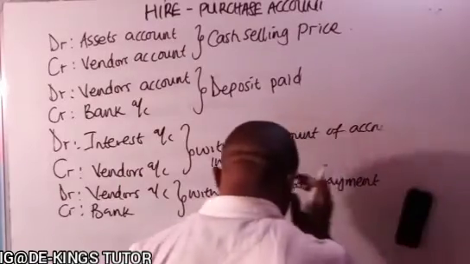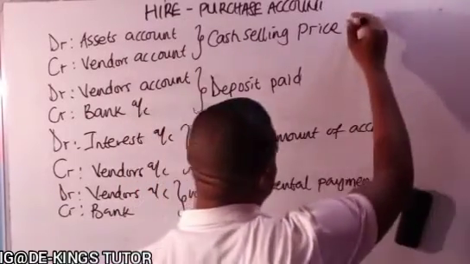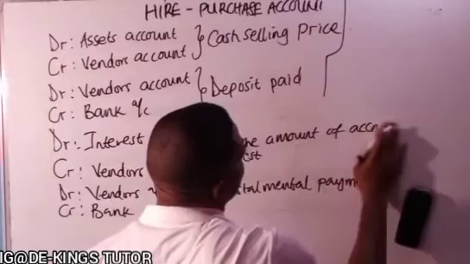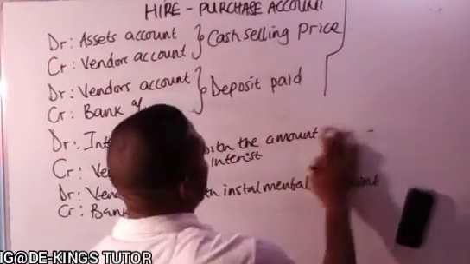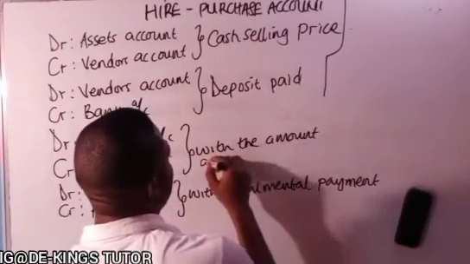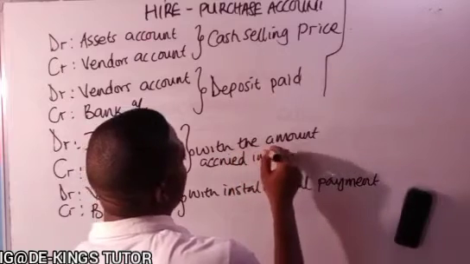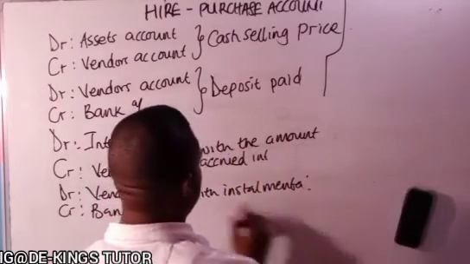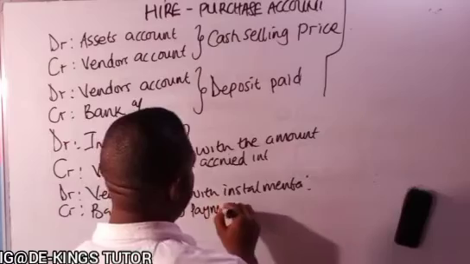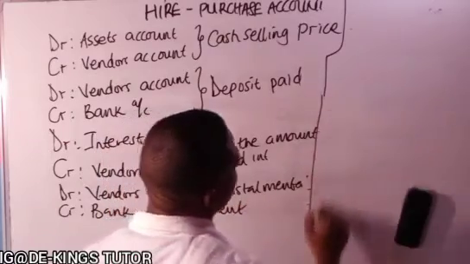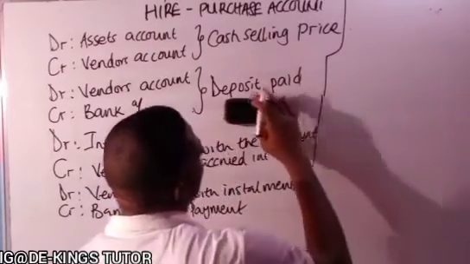So now in the assets, with the amount of accrued interest and installment payment.